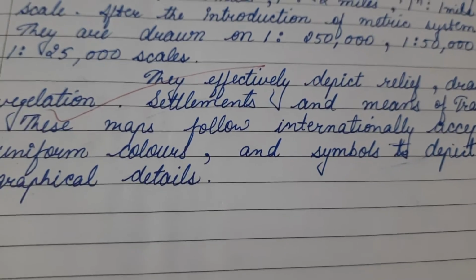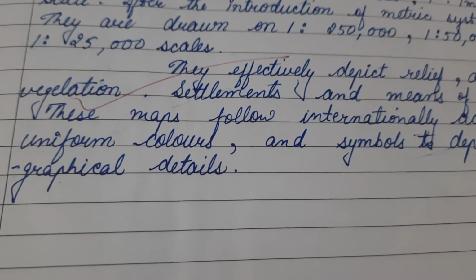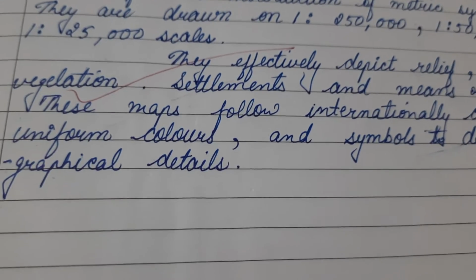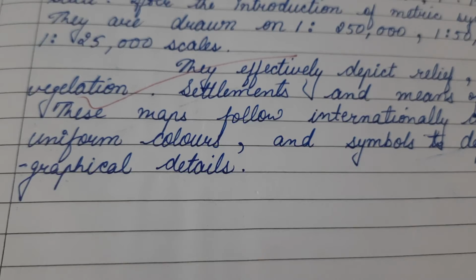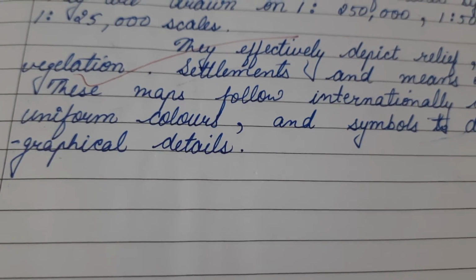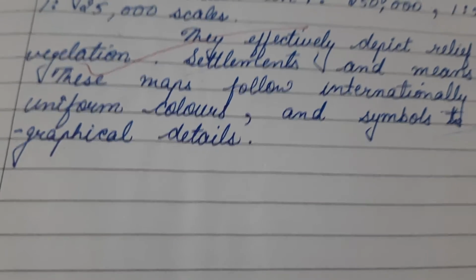These maps effectively depict relief, drainage, vegetation, settlements and means of transport. These follow internationally accepted uniform colors and symbols and depict these geographical details.